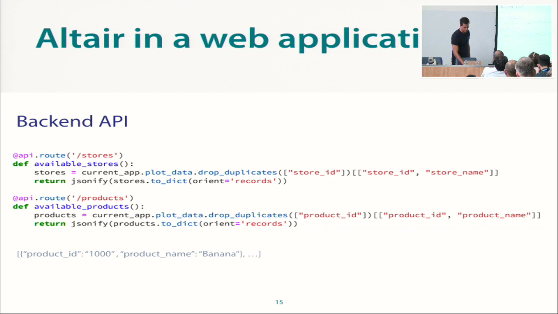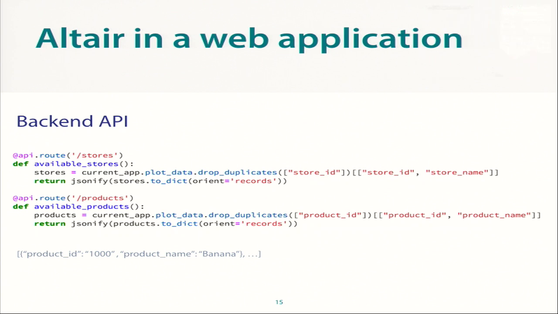I used Flask for that, and what I did is I just loaded the data on service start and added it to my application object, and that's just a data frame. And then I return basically a list of records, so with product ID and product name, or store name and store ID.